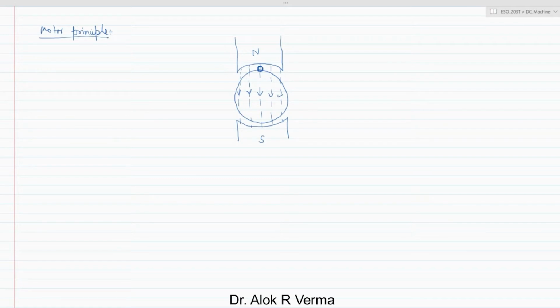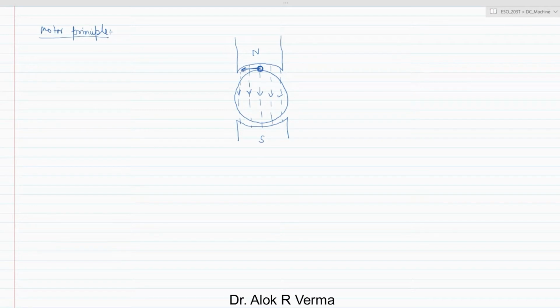It is found that if the magnetic field is downward, the conductor has a tendency to move to the left hand side. So suppose it moves in this direction, this is the direction of force, and it is inside the slot.